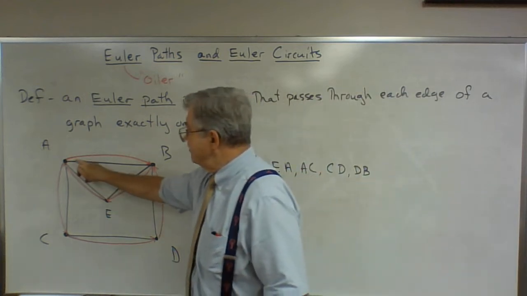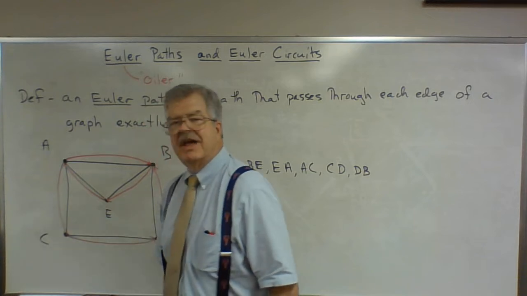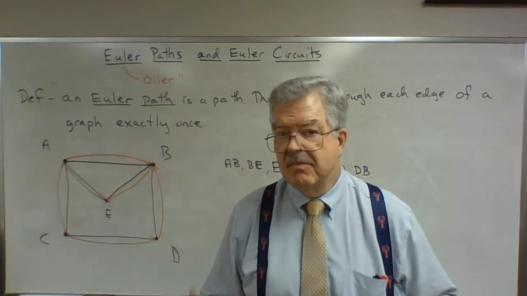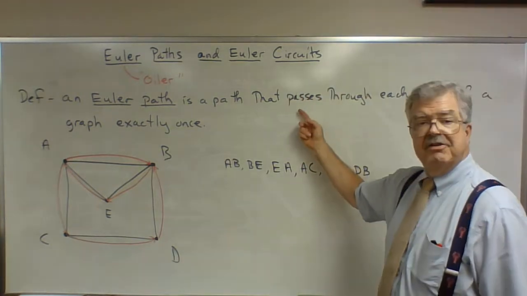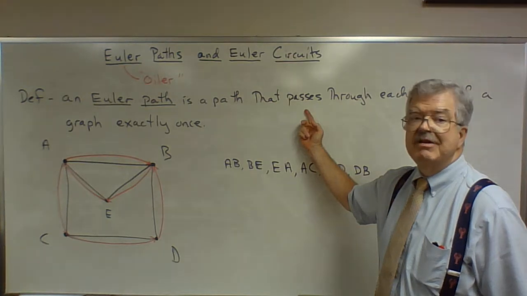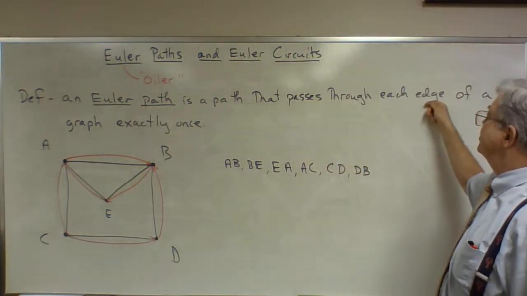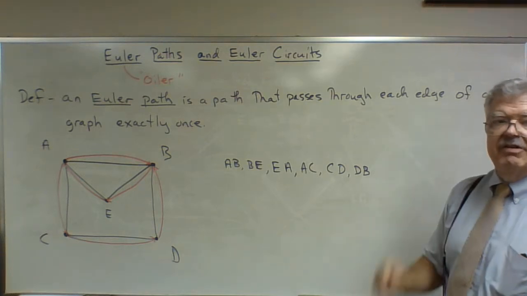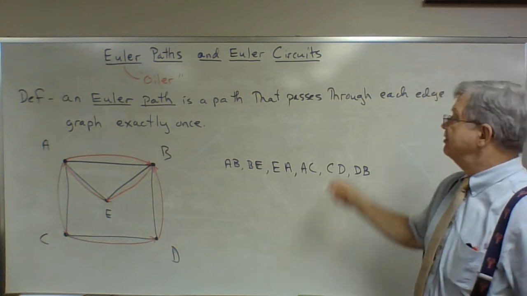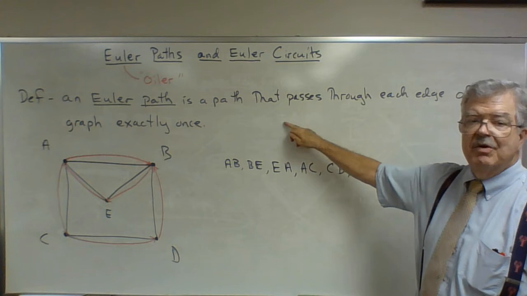I was at vertex A more than once. No problem. It doesn't say anything here about how many times we can enter or leave a vertex. It just says that we can only pass through an edge exactly once. So we can go through a vertex more than once. We just can't go through an edge more than once if we have an Euler path.